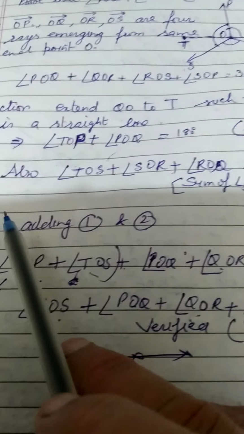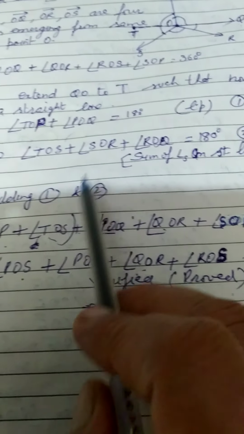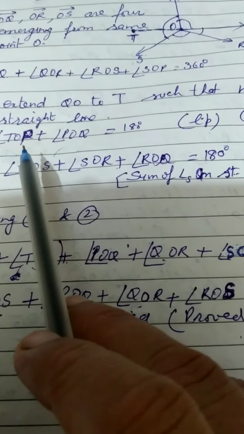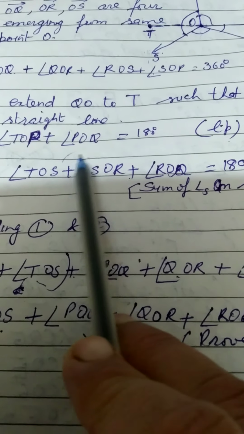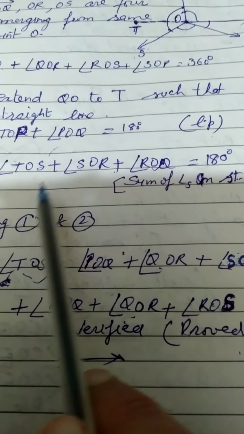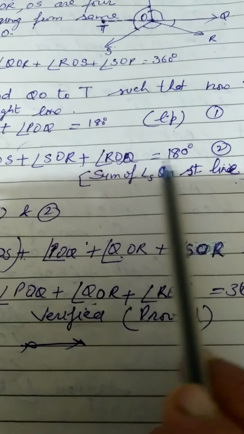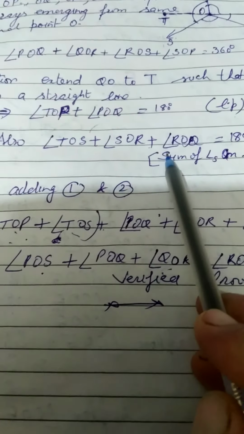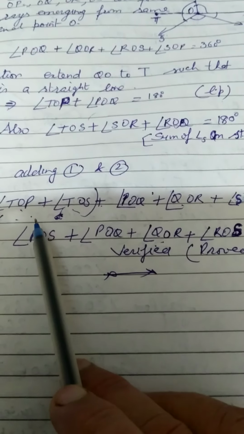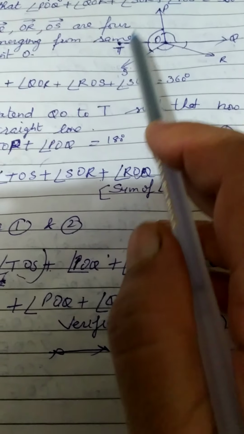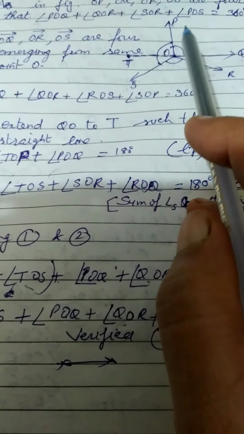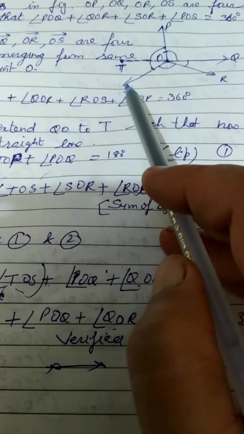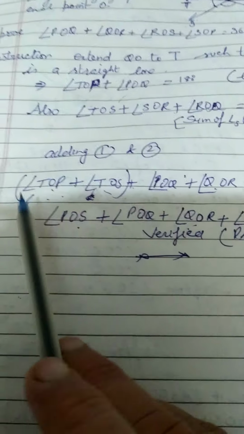See here, adding 1 and 2, we have got these two equations. Angle TOP plus angle POQ is equal to 180. Angle TOS plus angle SOR plus angle ROQ is equal to 180. We add these two equations. In adding, we have taken these two angles in the bracket because these two angles are forming the angle that is given in the question, that is POS.